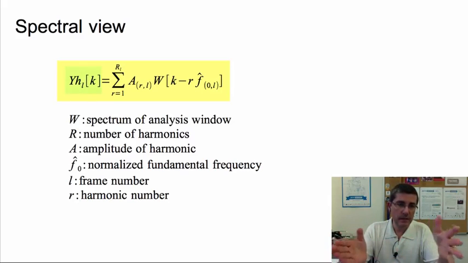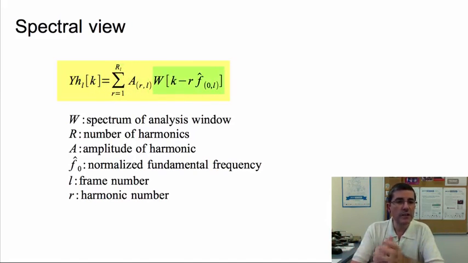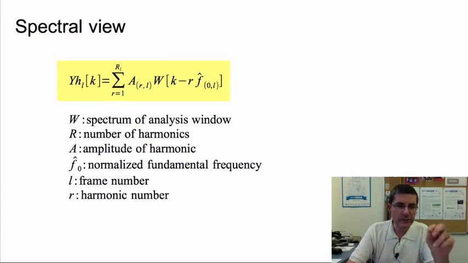So the overall harmonic spectrum is the sum of all these windows with a scaling factor of an amplitude A and a shifting factor of minus r f sub 0, in which we are placing these windows at the appropriate location of the sinusoid. This is basically what we talked about in the sinusoidal model, but now restricting the frequencies to be multiples of the fundamental frequency.